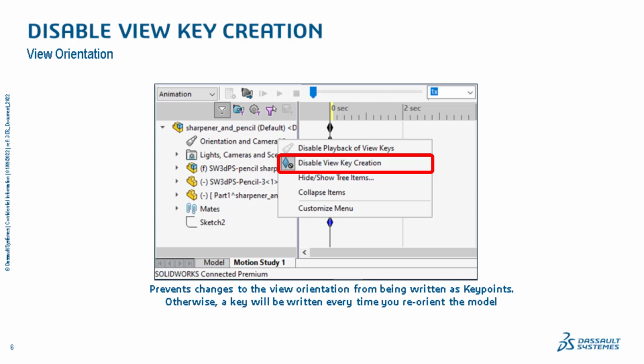When you are disabling view key creation, it means that changes to the view orientation of the model, which is pan, zoom, and rotate, and perhaps changes to the camera view, will not be recorded as key points in the animation. And that's very important because quite often if you're moving components or selecting components to hide and show or changing their appearance, you inevitably will reorient the model and may not want those view orientation changes to be written to the motion study.